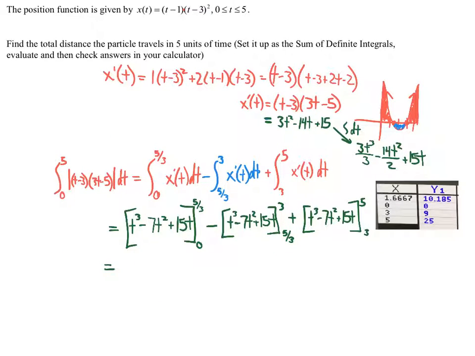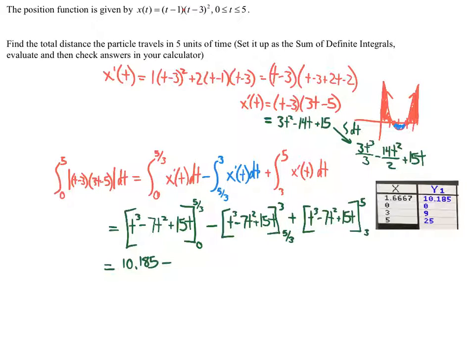Alright, if we use the table on our calculator, we figure out the different values that we need, because I evaluated these at 5/3, 0, 3, and 5, because those are the only ones we actually need. So we need it evaluated at 5/3, so 10.185.